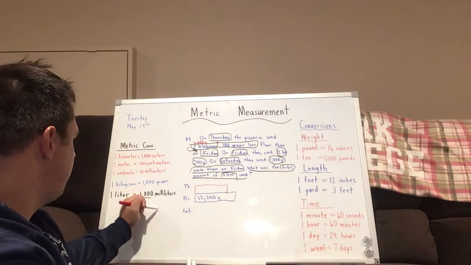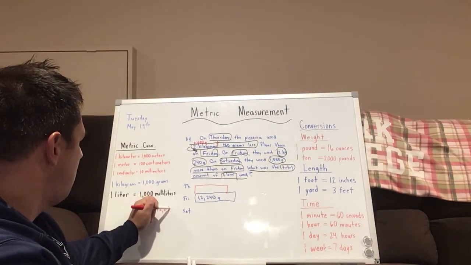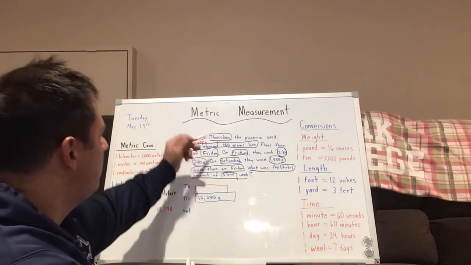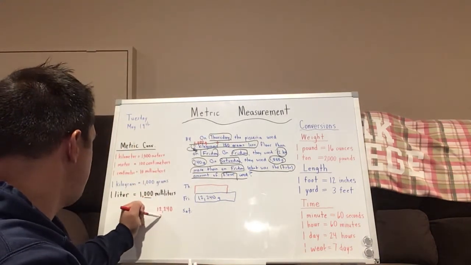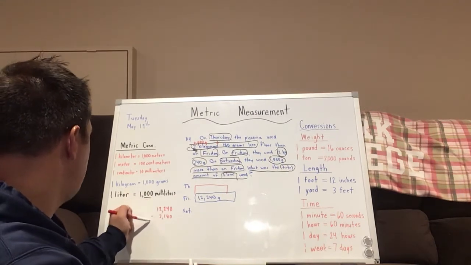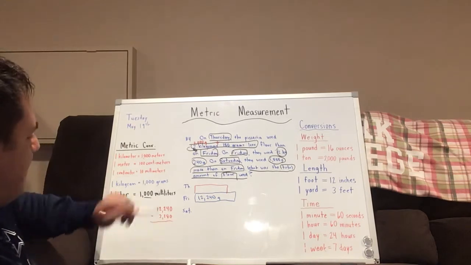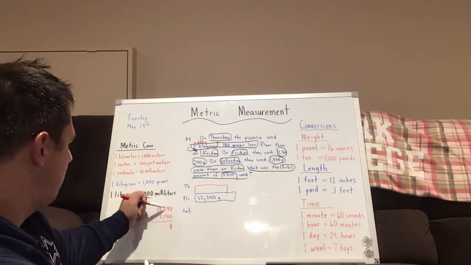So I'm going to do my work over here for this part of the problem. Let's see here. So Friday was 12,240. And I know 2,000 plus 180 would be 2,180. And I'm going to subtract them because Thursday's less. So 0 minus 0 is 0.